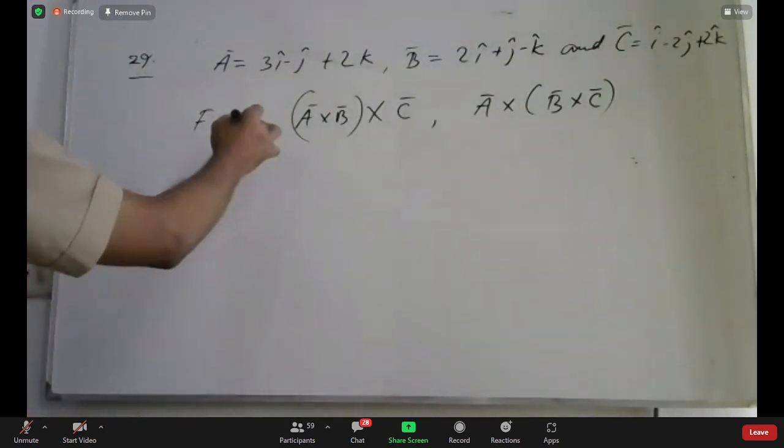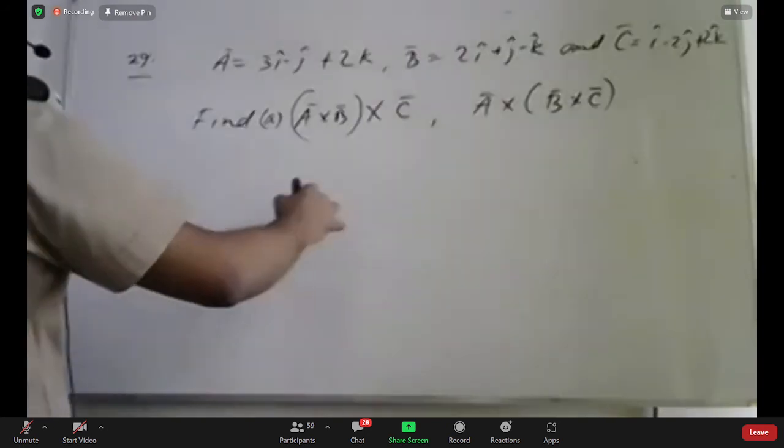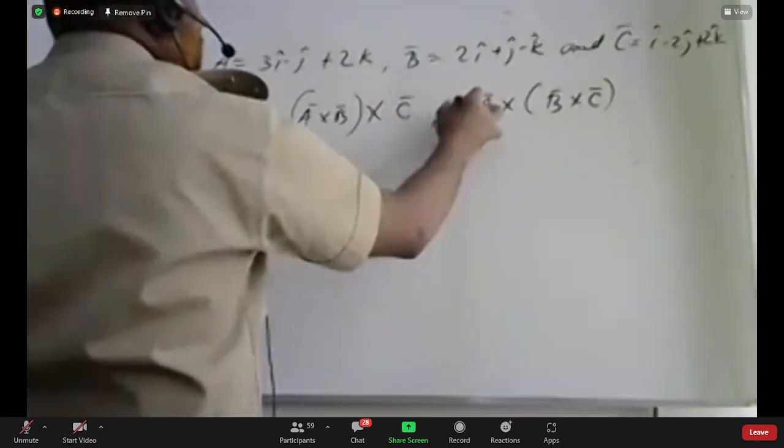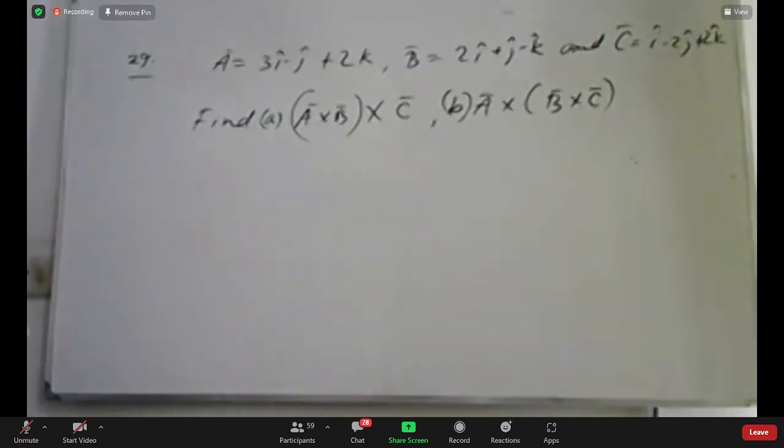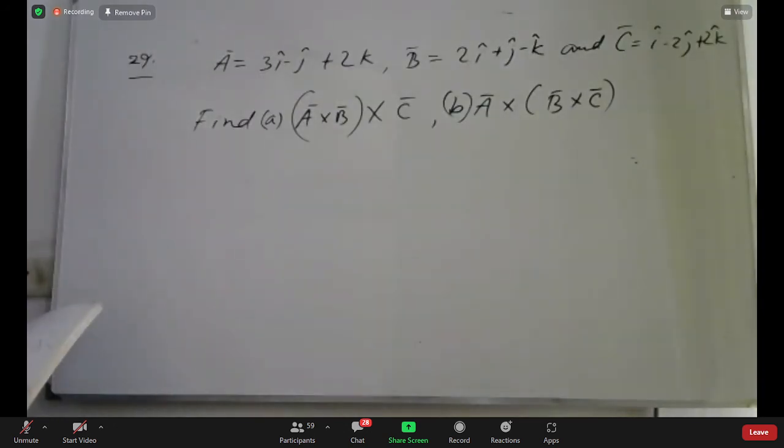So suppose this is A and this is B. So how to find out A cross B cross C? How? What is A cross B?